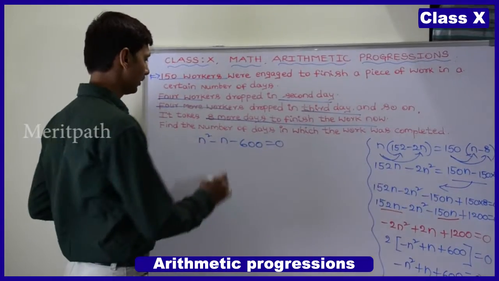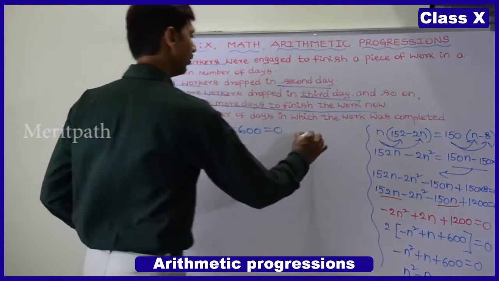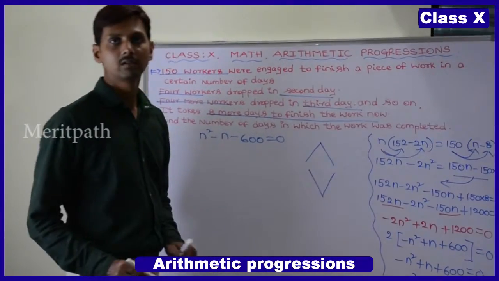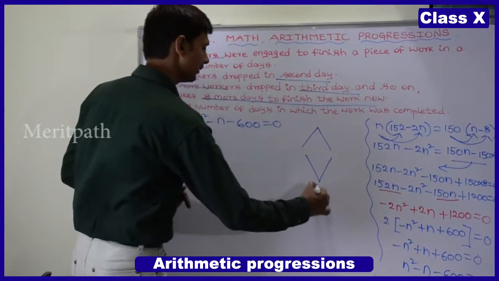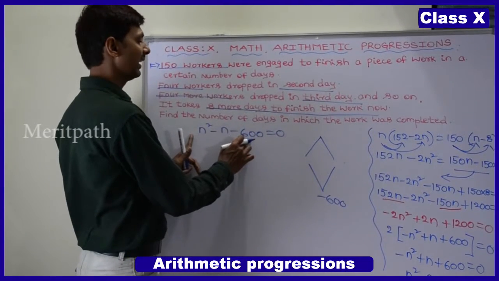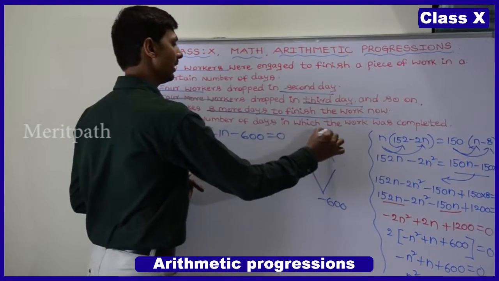So here we can observe there is n square minus n minus 600. Here 1 into 600, this 600, it is minus 600. 1 into minus 600, and there is a 1 here, that is minus 1.